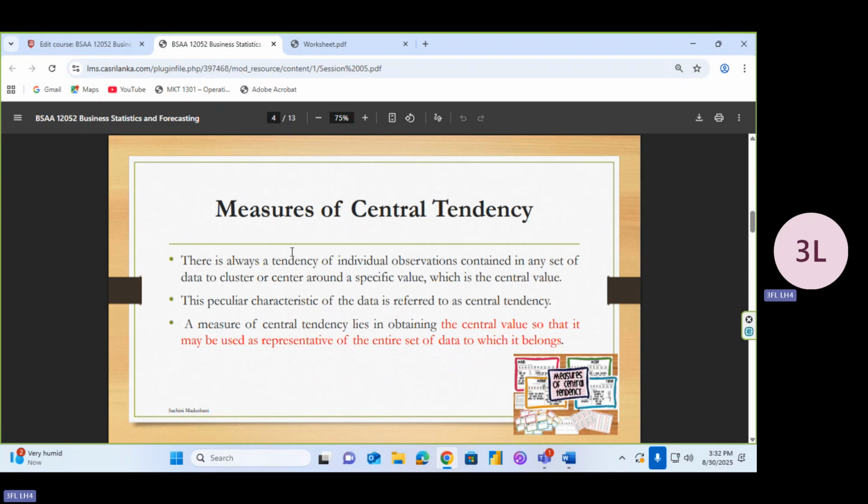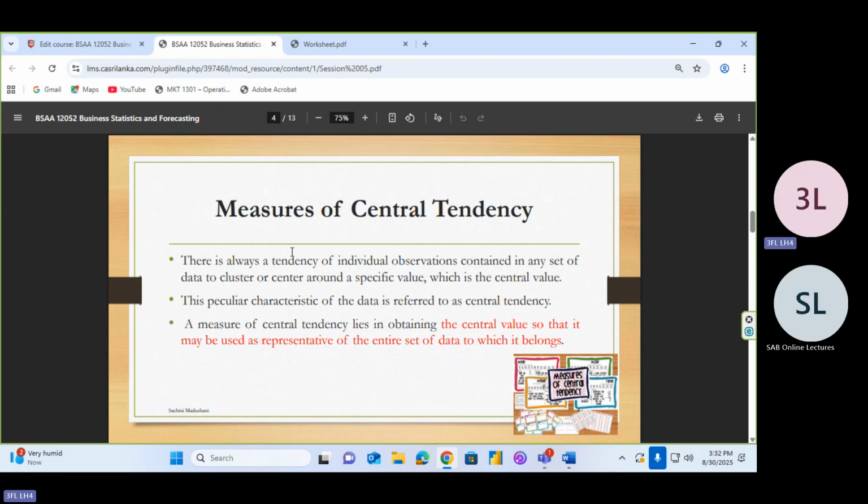Then we use all the observation values, then we can find a single specific value to represent the whole data set. Okay, then all other remaining observation values are centered around that particular value. It's clear? Okay, then this central tendency measurement represents the whole data set.